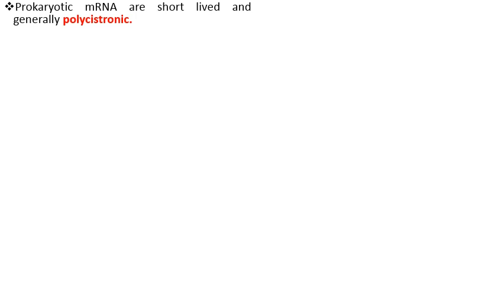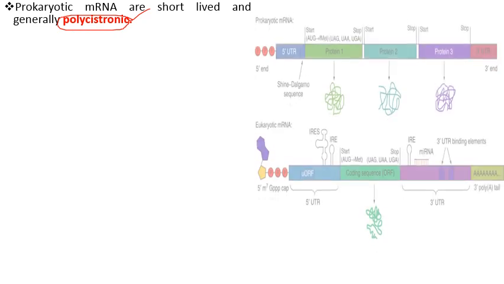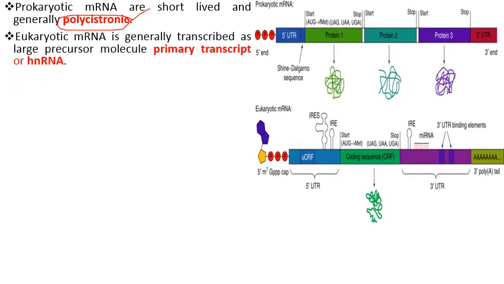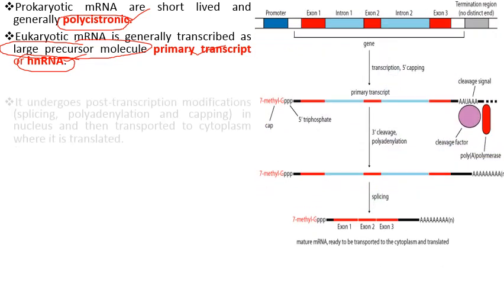In case of prokaryotes, mRNA is short-lived and generally polycistronic, which we have already discussed. It means it codes for more than one protein. In eukaryotes, mRNA is generally transcribed as a large precursor molecule, which is called the primary transcript or heterogeneous nuclear RNA, that is HnRNA. This RNA has to undergo processing, in which it is modified. Modification includes 3 steps.